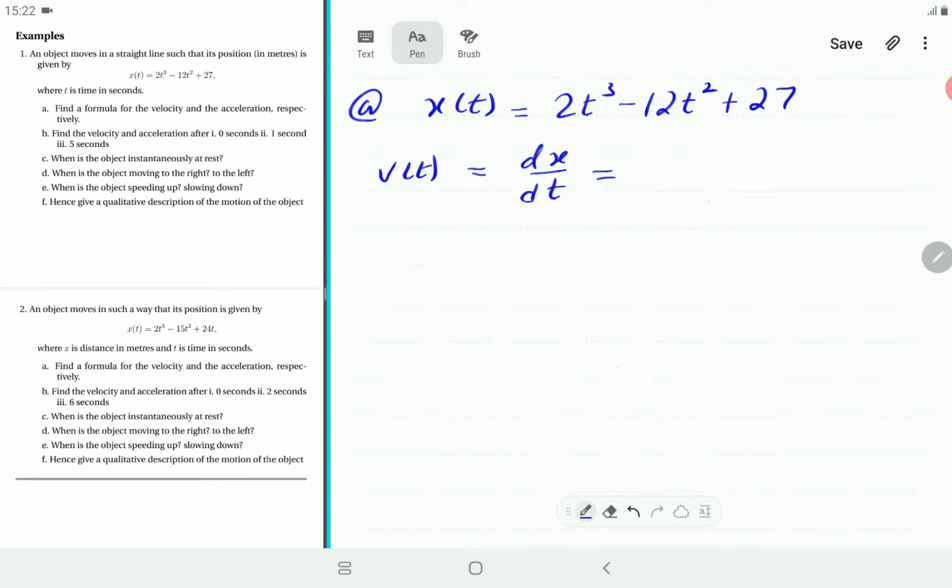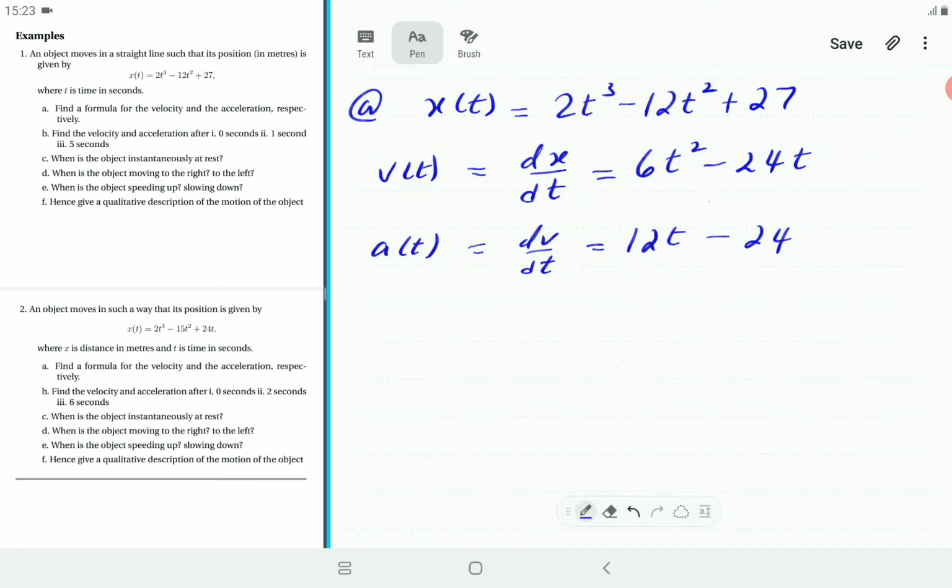So the derivative of 2t cubed is going to be 6t squared. The derivative of 12t squared is going to be 24t. And so this is going to be the formula that gives us the velocity of this particle through its motion. Then the acceleration we can find by differentiating the velocity. So in this case it's going to be 12t minus 24. So that sorts out question A.